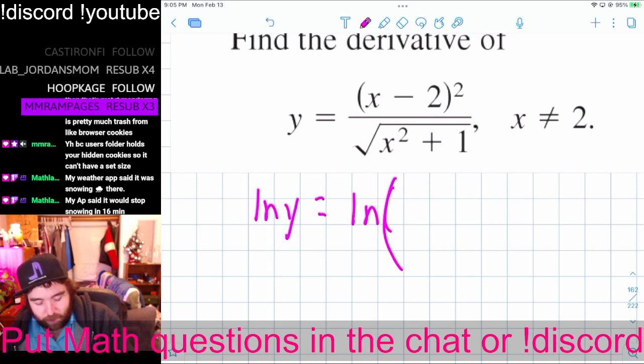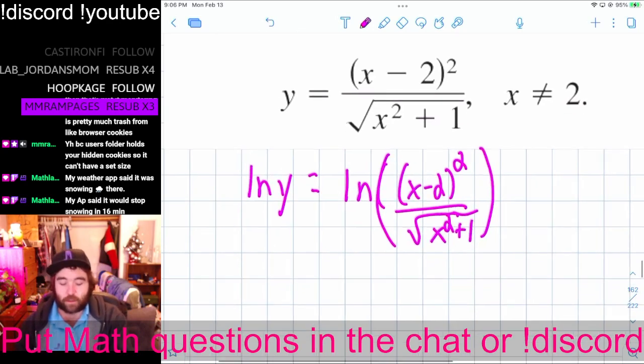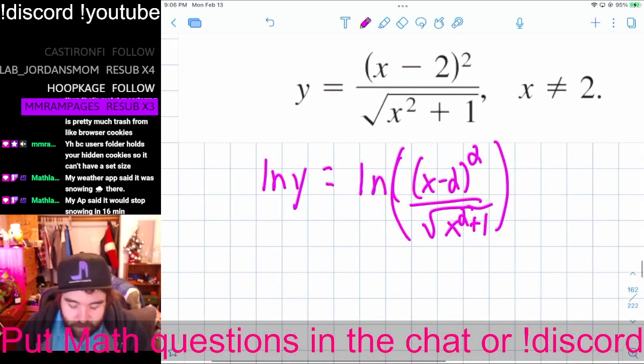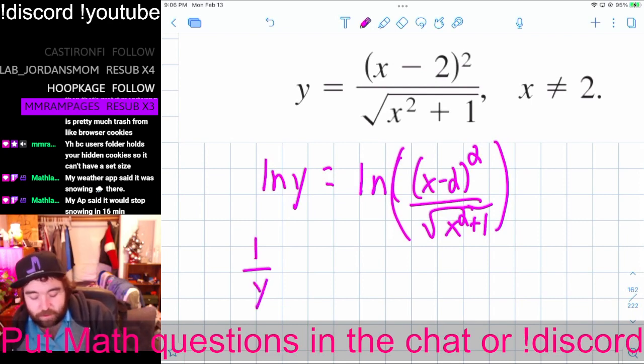So I'll just rewrite all of it for now. Ln of y equals ln of x minus 2 squared over root x squared plus 1. Right? I mean, we did it to both sides, so that's a legal move. You learned that in algebra and pre-algebra. If you do it to both sides, it's legal. But now we can take the derivative of both sides. The only thing we have to remember is we have to use implicit differentiation, right? Because over here we're going to get 1 over y times the slope, times the derivative.